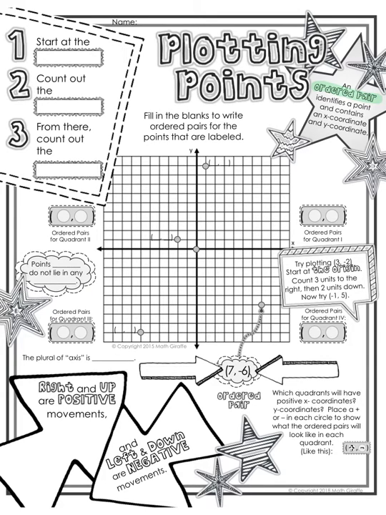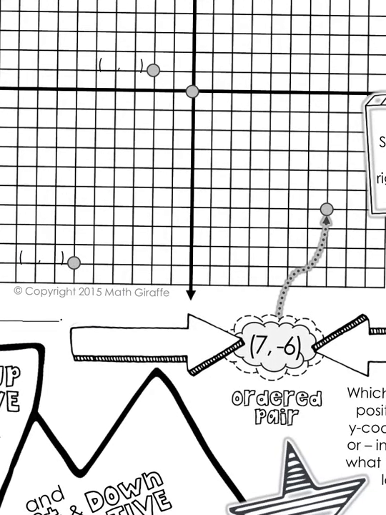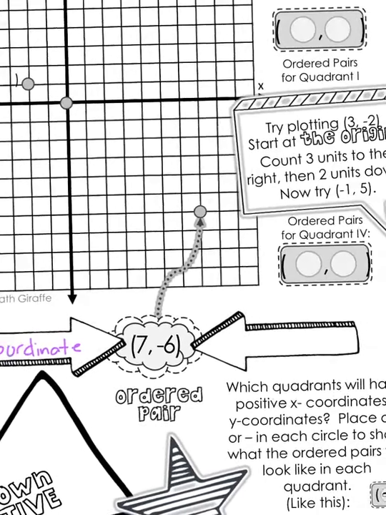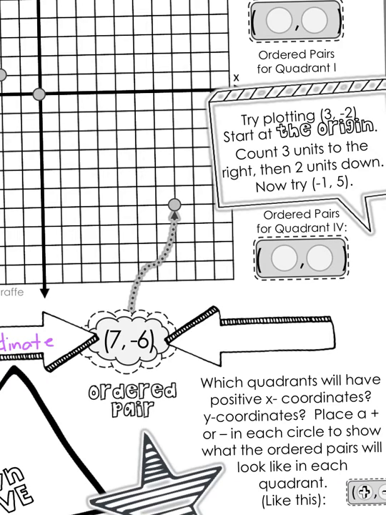So if we go down here, our x coordinate is always listed first. It's kind of like if you think about it in terms of alphabetical order. X comes first in the alphabet, the x coordinate comes first. So in this case, our x coordinate is 7, and then our y coordinate would be -6.